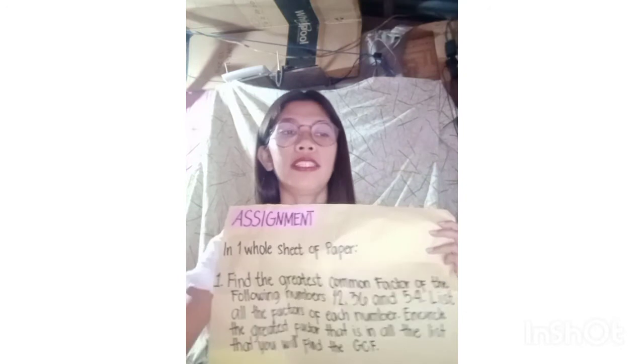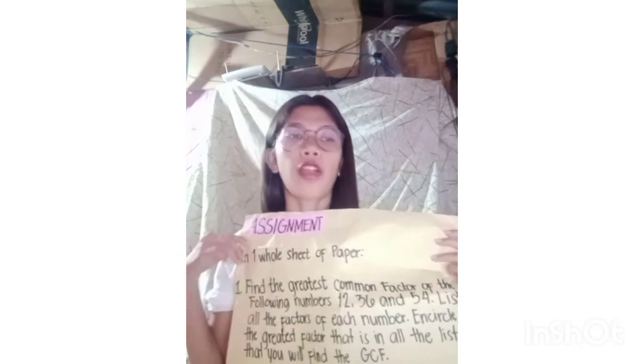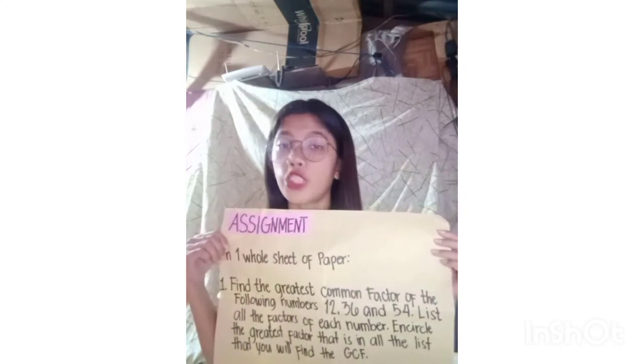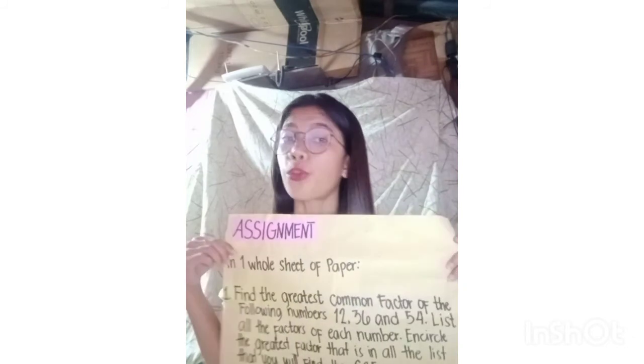And now, class, before you go to your other class, I have an assignment and you will pass it tomorrow. The assignment is write your answer in one whole sheet of paper and bring this tomorrow.